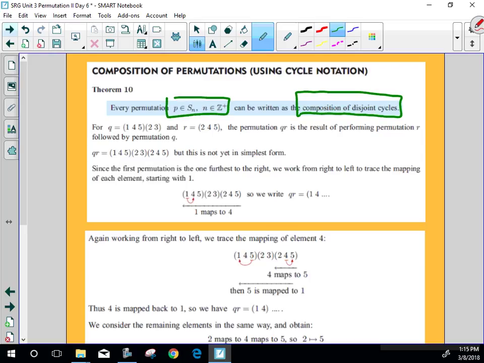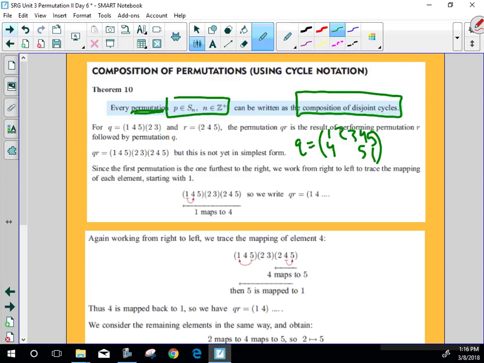So we're going to write this Q as a permutation. 1 goes to 4, 4 goes to 5, and 5 goes to 1.